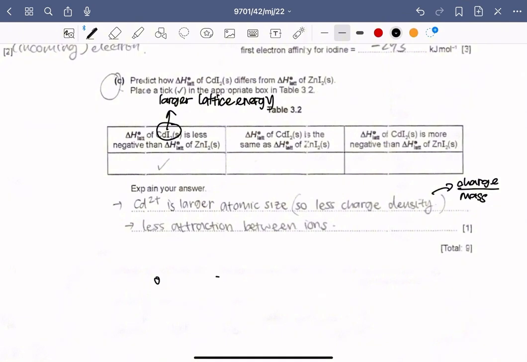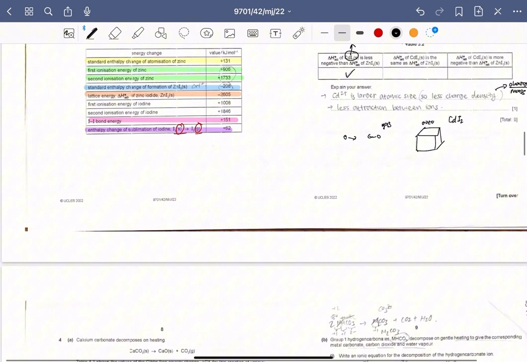Weaker attraction between the ions means that it requires a greater amount of energy to put the ions together and to form from gas to a lattice. In order for the particles to be much closer together, it requires far greater energy for CdI2 than ZnI2, and therefore less negative.